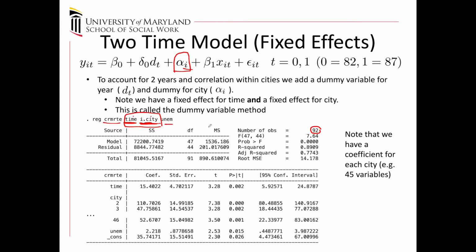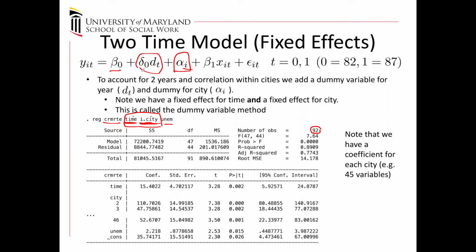And that allows me to model out the effect of time and the effect of city, leaving only the within city effect. And so when we do that, we'll have an intercept, and we'll talk about what that is.